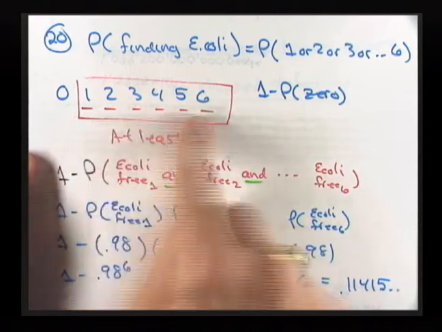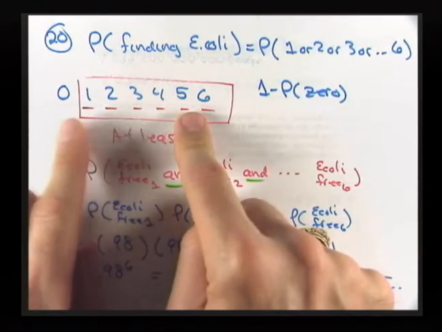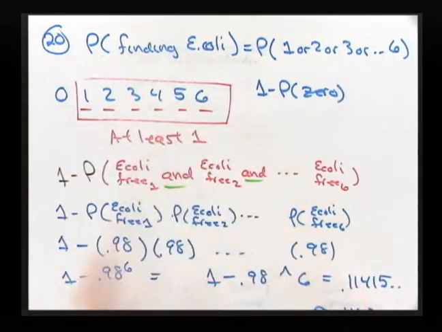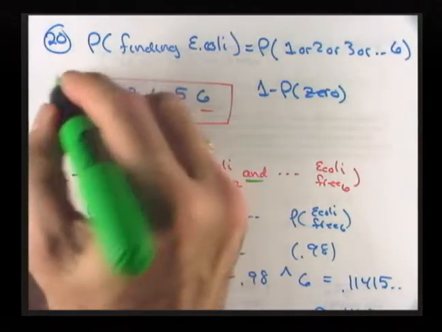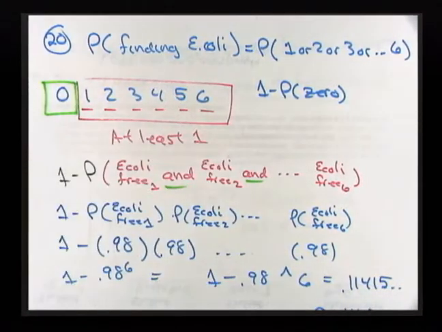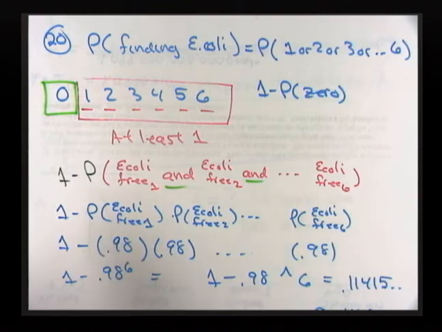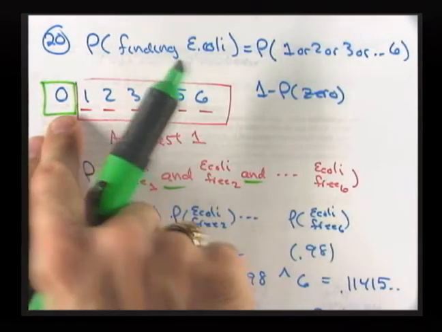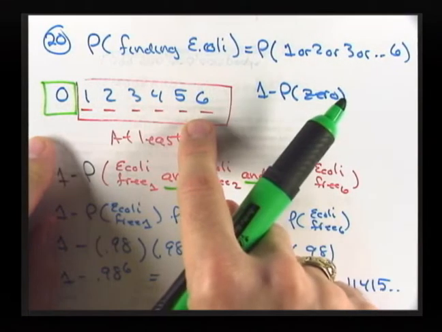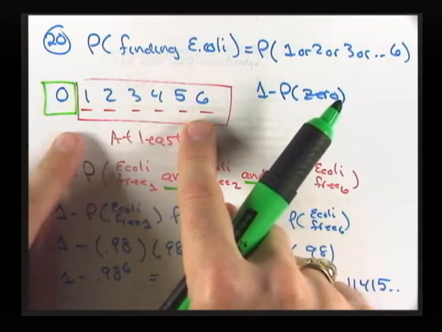Okay, so it gave you a description of what could happen in terms of finding E. coli. Now, the complement of that event is that none of the pools have E. coli. And it was easier to calculate this one probability than it would be to calculate these 6 probabilities. So that's why we chose to use the complement.